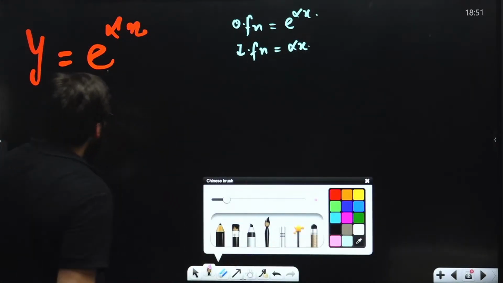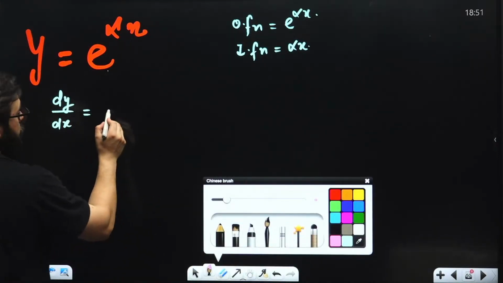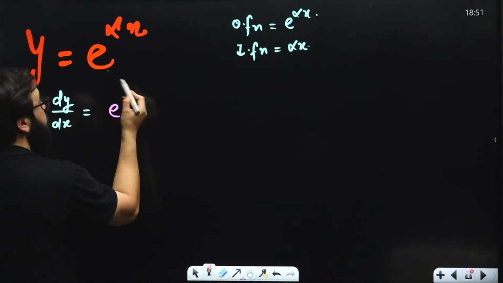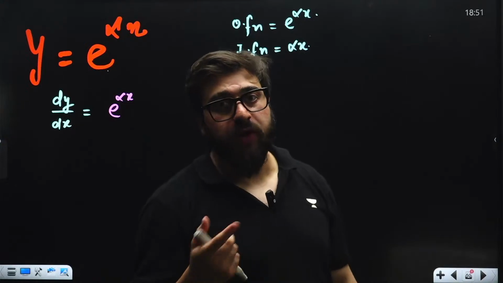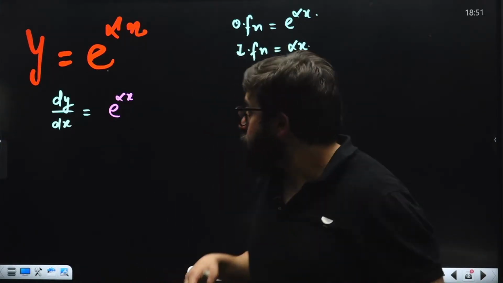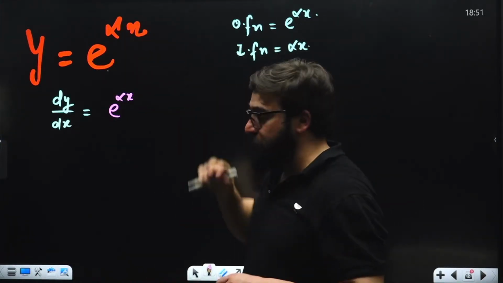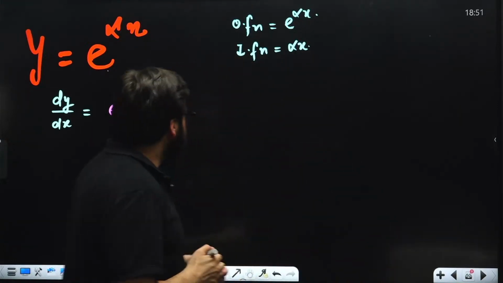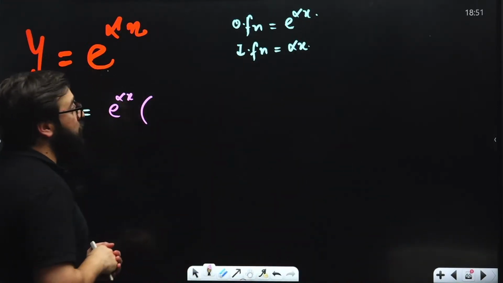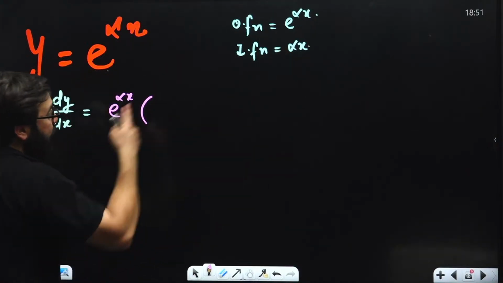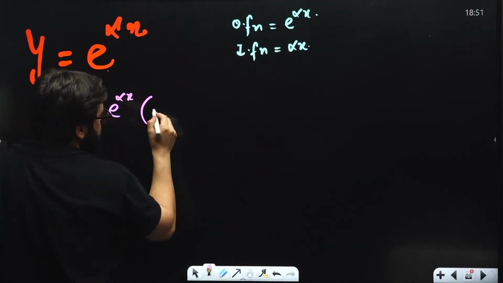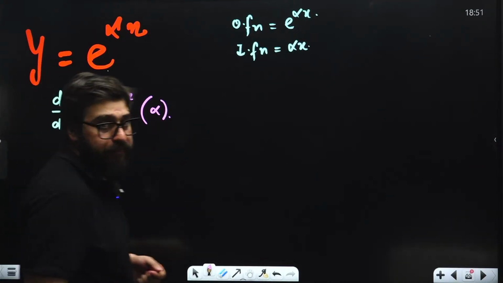Now, we take the differentiation of the outer function. e raised to the power alpha x is e raised to the power alpha x only, because we know the differentiation of e raised to the power x is e raised to the power x only. Then we write the differentiation of the inner function. The inner function is alpha x. For alpha x, it will be alpha only, because alpha is constant.